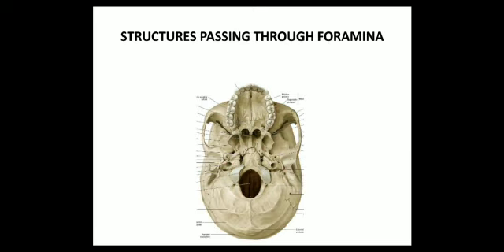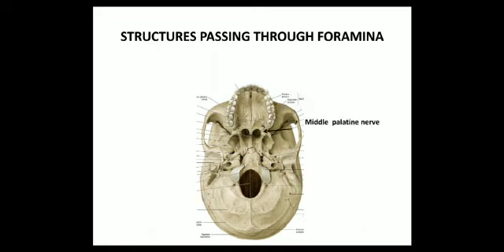So now we will see the structures passing through the foramina in the norma basalis. Through the incisive foramen, the greater palatine vessels and the nasopalatine nerve pass, and the greater palatine foramen transmits the greater palatine vessels and anterior palatine nerve.